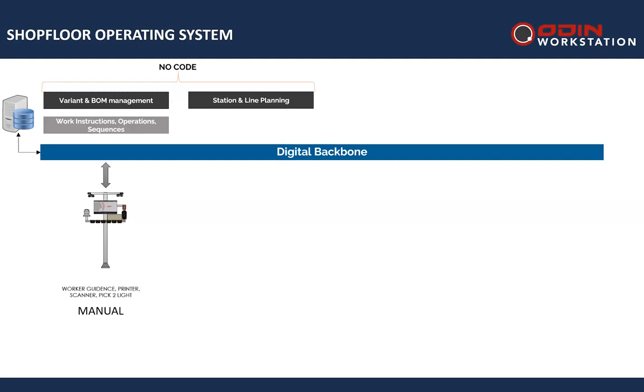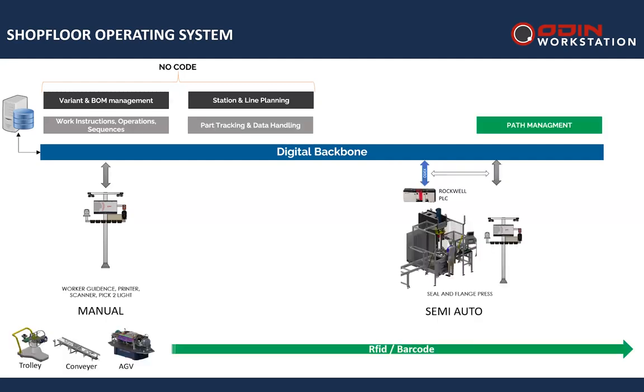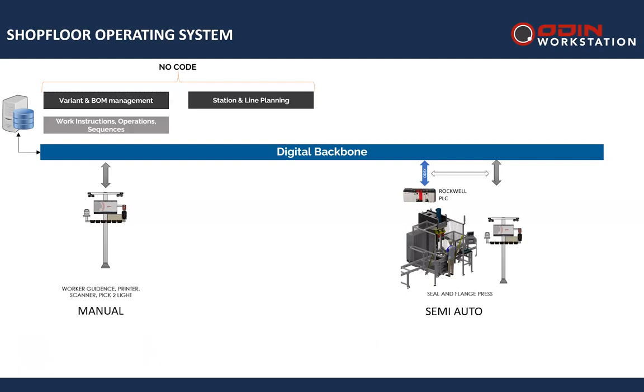But let's say things look up and you want to introduce an additional station into the process where, for example, it's now a semi-automated process where there's a machine that needs to press on a seal and a flange as a simple example, and that machine is actually controlled by a Rockwell PLC.